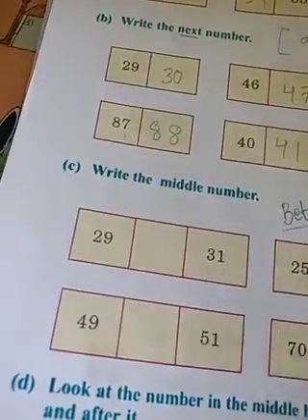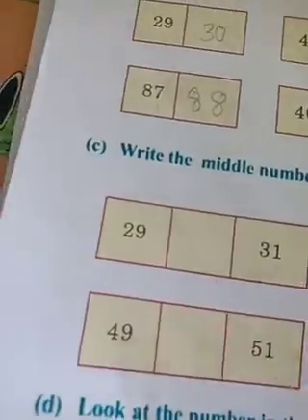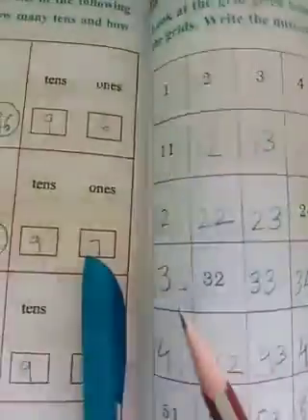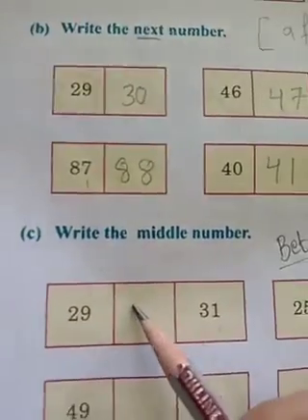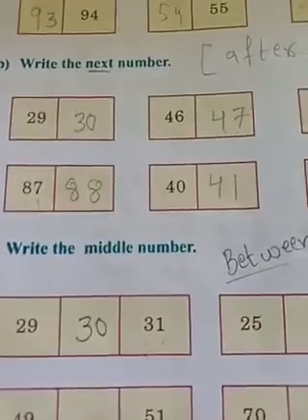So between number or middle number is the same. Middle number of 29 and 31. So the middle number is 30. Say 30 spelling children.